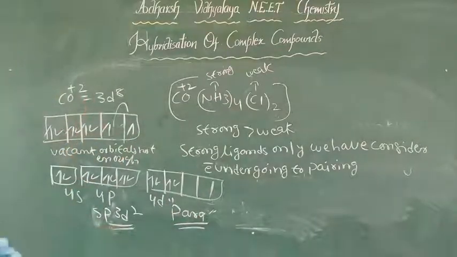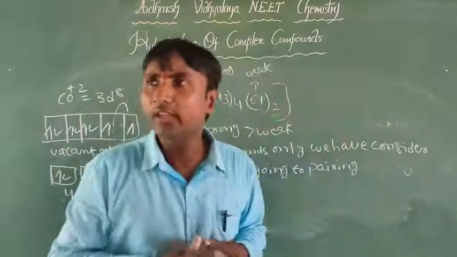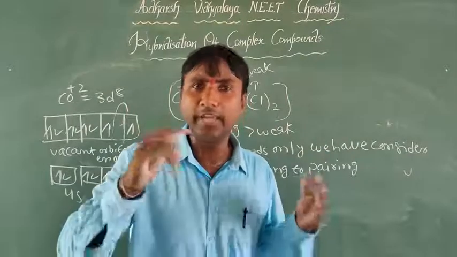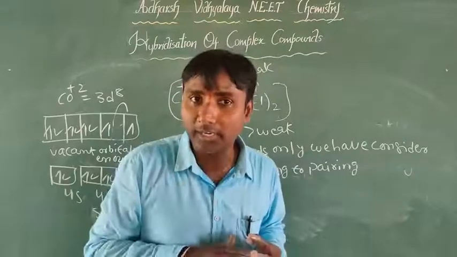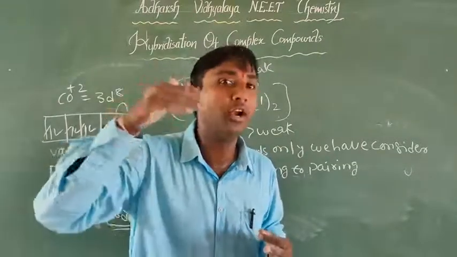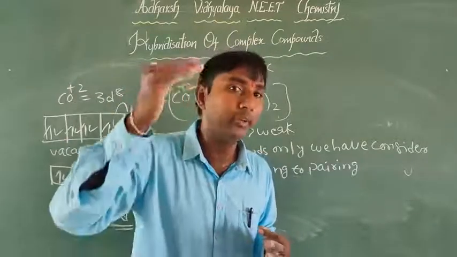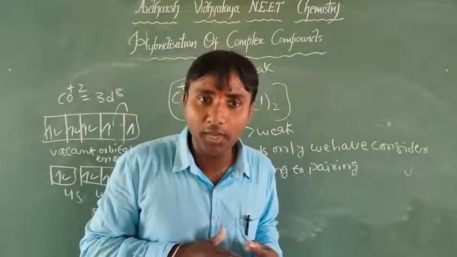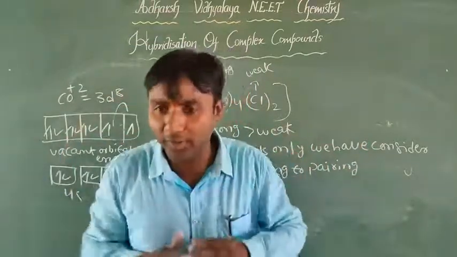This is very important. Many books say strong field ligand means diamagnetic, weak field ligand means paramagnetic, but that is not 100% correct. Depending on the hybridization and the electrons in the excited state, we have to explain diamagnetism and paramagnetism. We can't tell based on strong field and weak field.